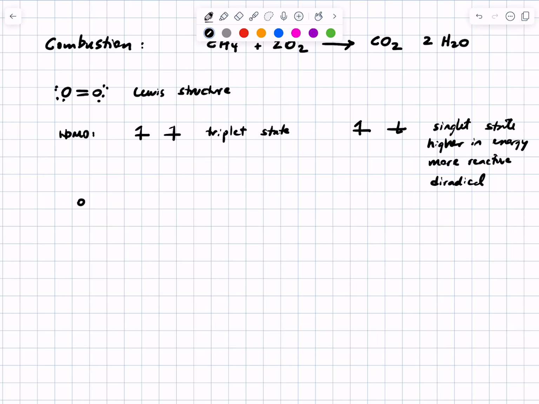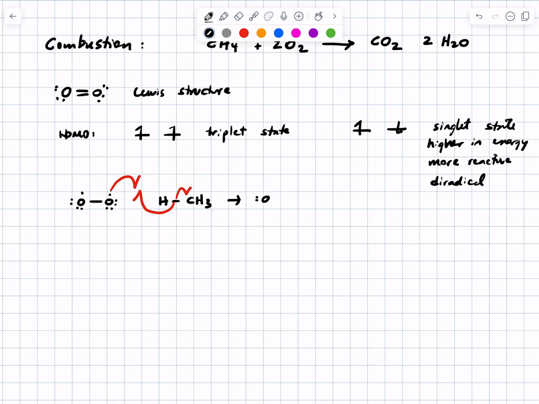So one of the earliest steps, and drawing the Lewis structure for singlet oxygen is hard. We're going to basically do it like this, though this is inadequate, but it at least shows you the unpaired electrons. The simplest step is probably hydrogen abstraction from your hydrocarbon source. A radical on the oxygen steals a hydrogen atom from methane, and you leave behind a carbon-centered radical.